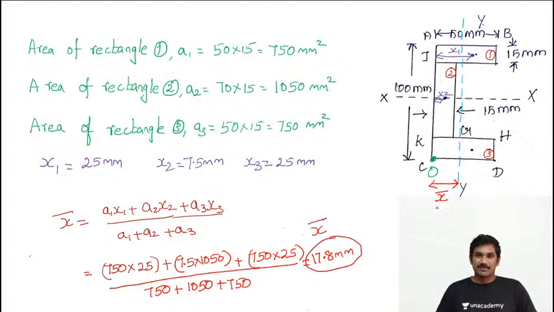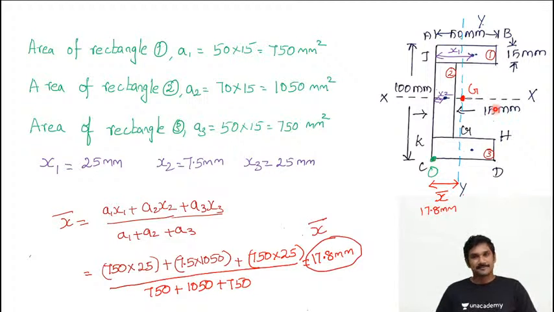This is called x bar and that is 17.8 mm. So now from the origin take 17.8 mm and draw a vertical axis, that is y axis, and the meeting point of x-x axis and y-y axis is the center of gravity.